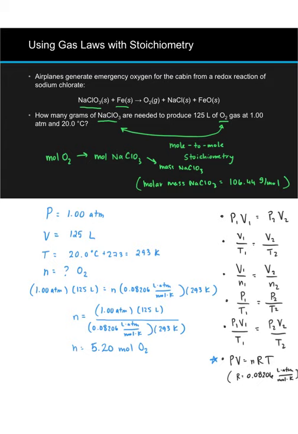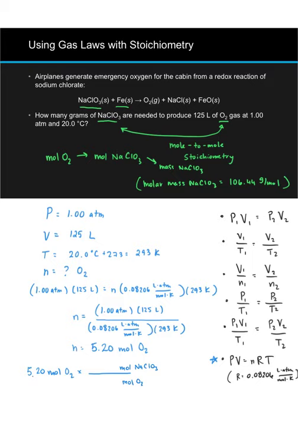This gives us everything that we're going to need in order to convert 5.20 moles of O2 into mass in grams of NaClO3. Our first step, marked in green up above, is the conversion of O2 into moles of sodium chlorate. We need to convert moles of O2 into moles of NaClO3.